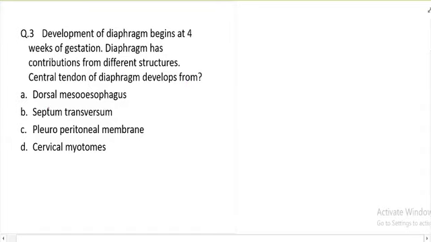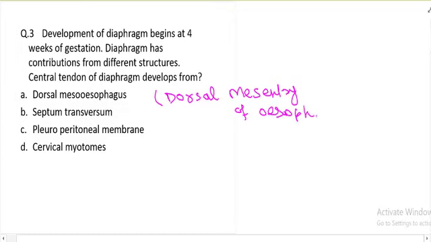So the dorsal mesentery of esophagus forms crura of the diaphragm.